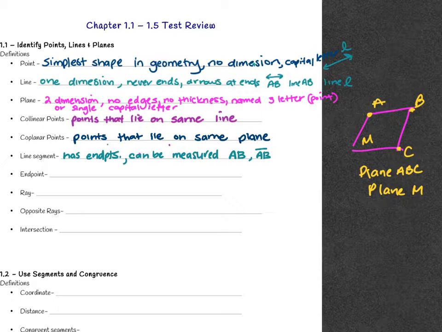What's an endpoint? The point at the end of the segment, right? And really it's at the end of the segment or the ray. Okay, it's where your object stops in that direction. What's the difference between a line and a ray?